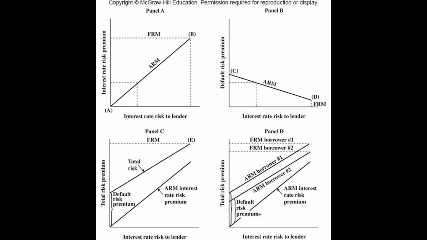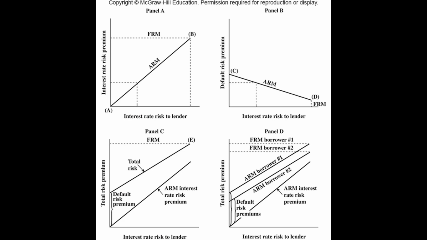Now, the initial loan terms will reflect the net effect of the amount of interest rate risk assumed by the lender as determined by the index chosen, the adjustment period, and any caps or negative amortization, and the amount of default risk assumed by the lender as determined by the amount of interest rate risk shifted to a specific borrower.